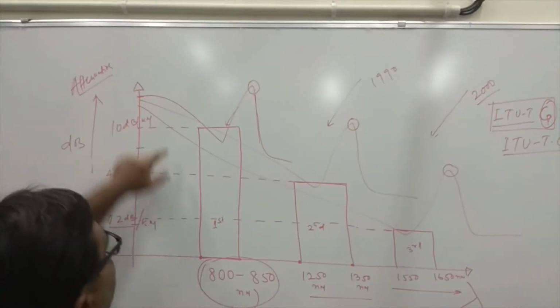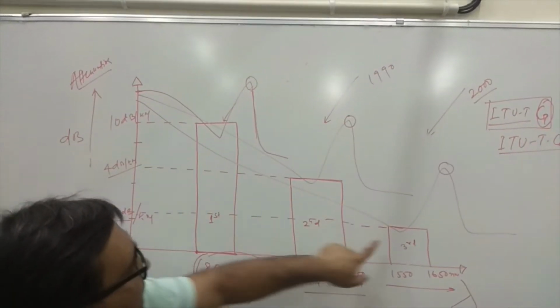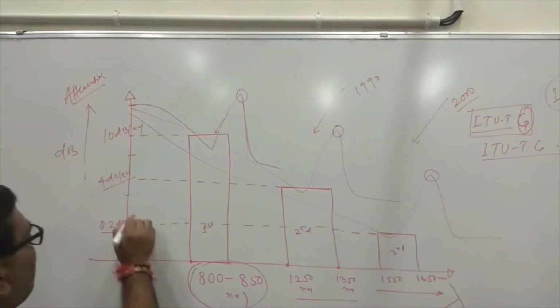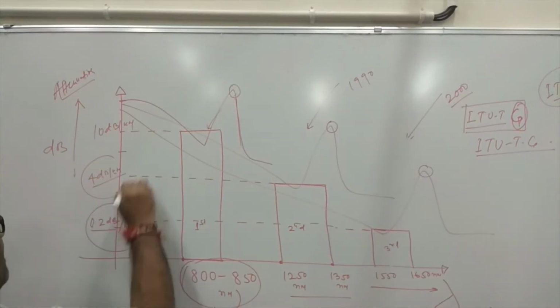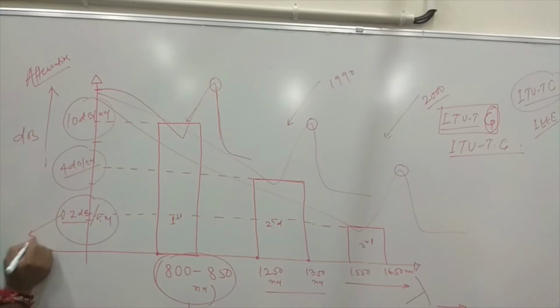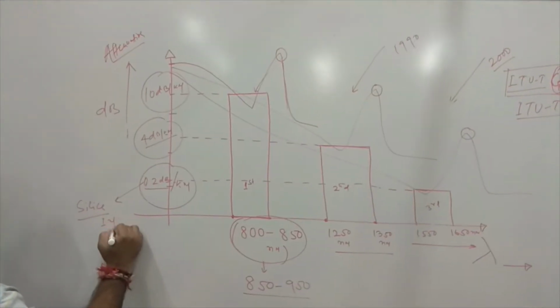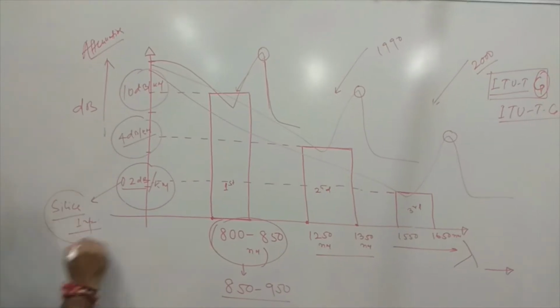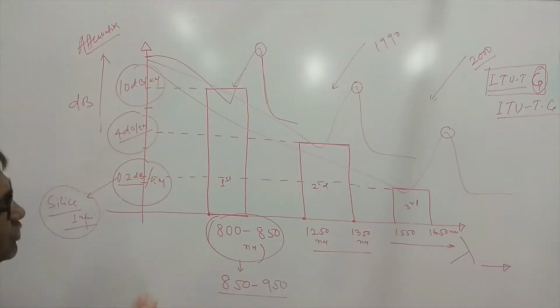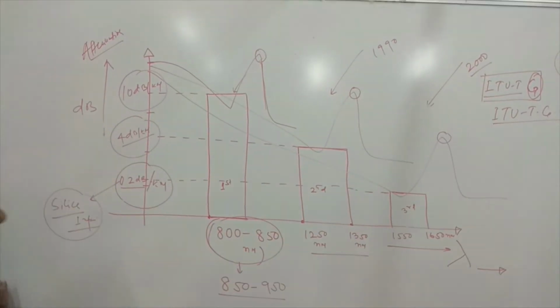No doubt. This attenuation 10 dB, attenuation 4 dB, attenuation 0.2 dB per kilometer is the power reduction, right? And this reduction is due to silica impurities. Silica impurity, that is known as which property? Intrinsic property. Due to the silica intrinsic property, this attenuation appears in different windows, right?